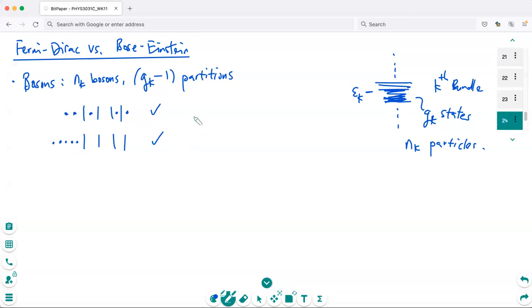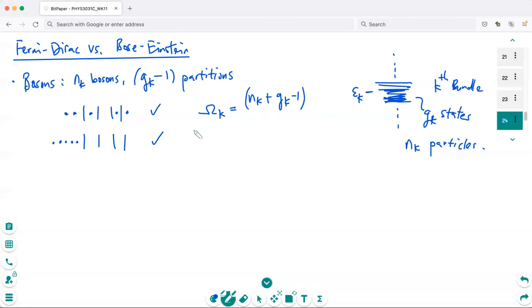Okay, so how do I write down the number of possibilities for the Kth bundle? And this is actually identical to what we did before. You look at how many objects in total you want to arrange. Then you have NK plus GK minus 1, right? You have 5 dots and 4 lines, so you do this.